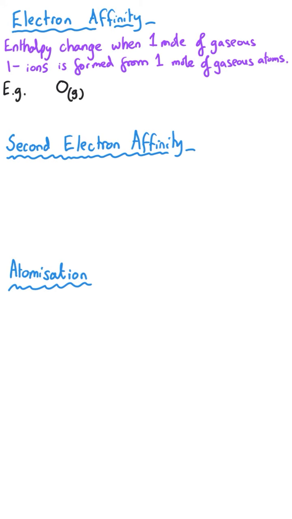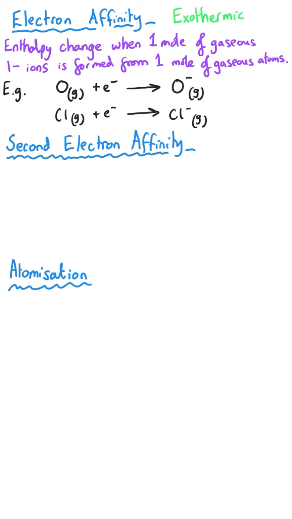They're going to gain an electron and we're going to make O- gas. Or we might have chlorine gas plus an electron making Cl- gas. Both of these are making new attractions between the atom and the electron that is being gained, and therefore this is going to be an exothermic process because a new attraction is being formed.